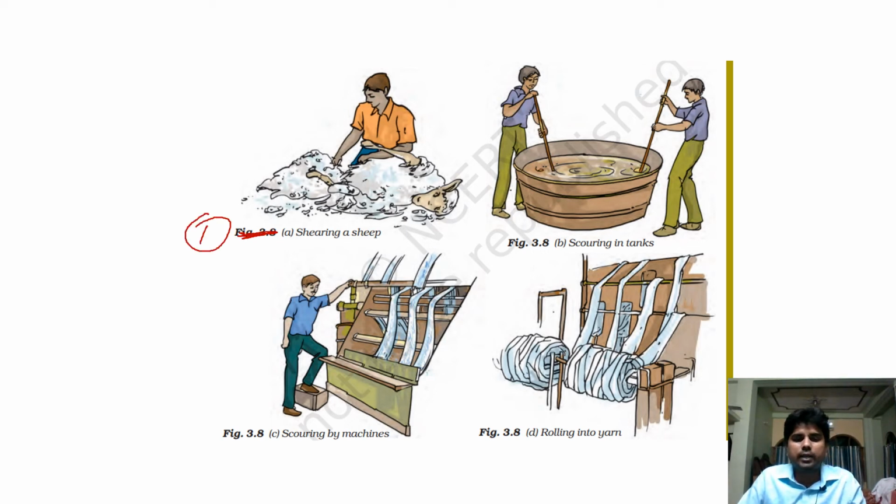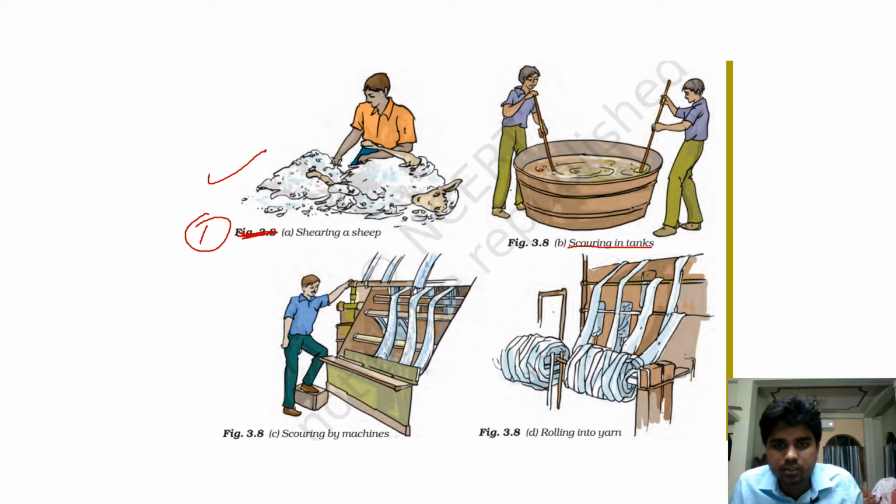By looking at this image you can verify what we mean by shearing. We can see that a person is removing the wool from the body of the sheep.